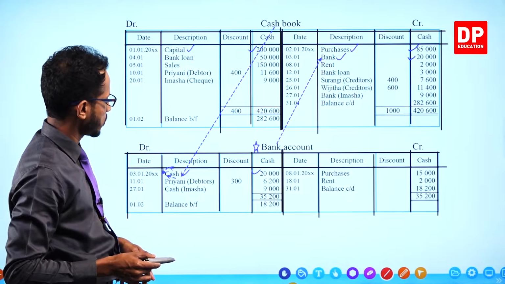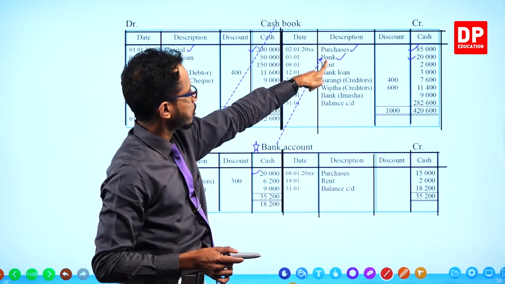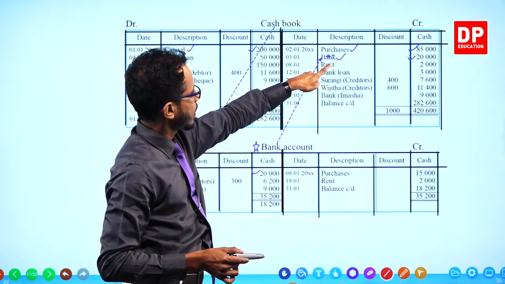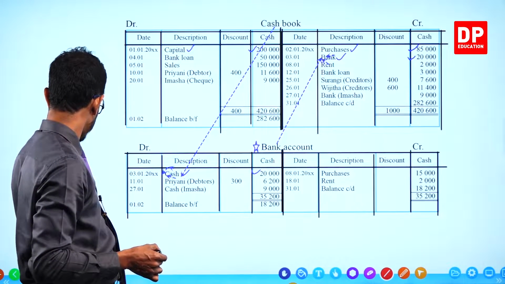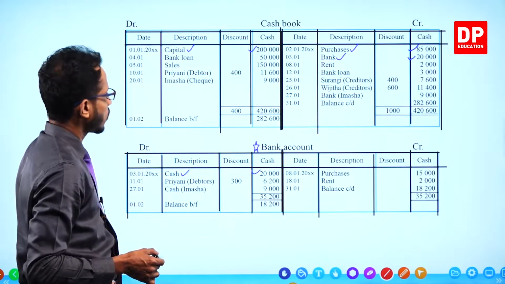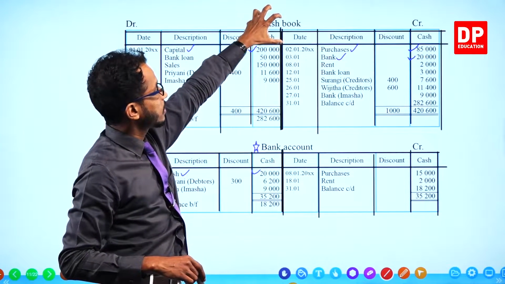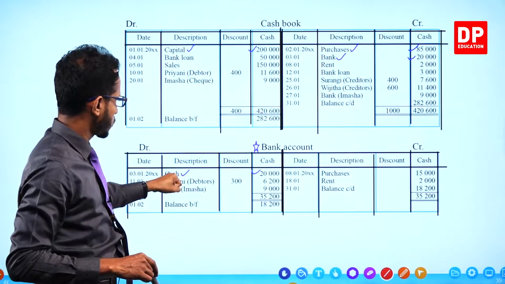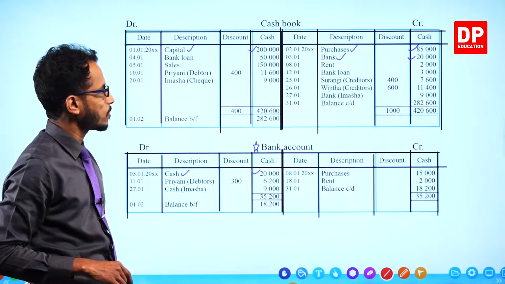Cash is your description. And in the cash account, bank is your description. Bank. Okay. Writing descriptions for the accounts is easy because you just exchange the names for the description column. Okay.